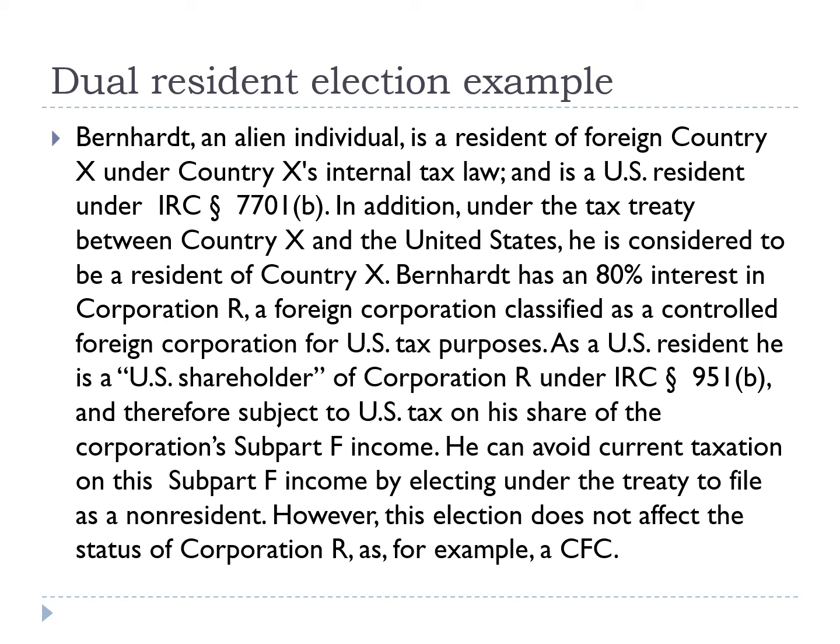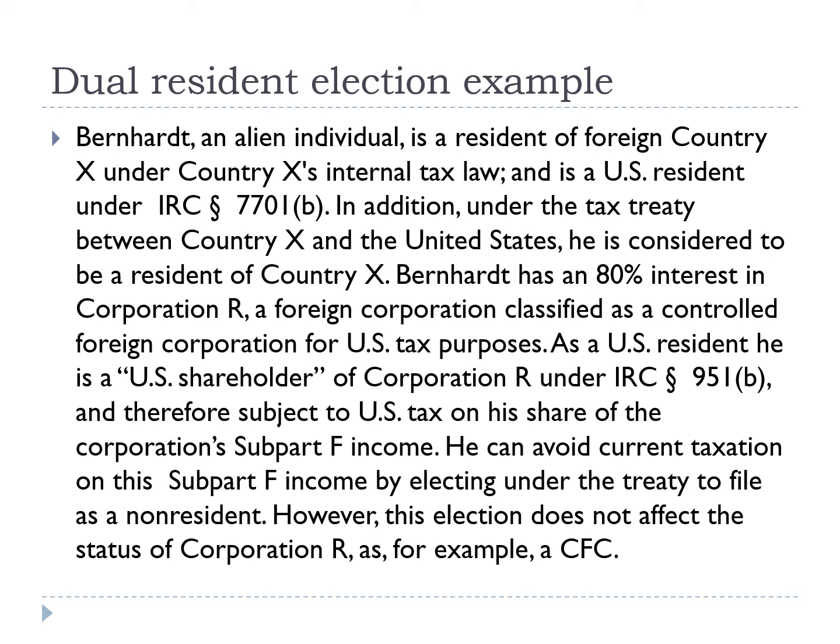Bernhard has an 80% interest in Corporation R, a foreign corporation classified as a controlled foreign corporation for U.S. tax purposes. As a U.S. resident, he is a U.S. shareholder of Corporation R under Section 951(b), and therefore subject to tax on his share of the corporation's Subpart F income.